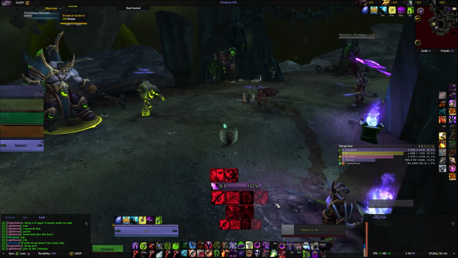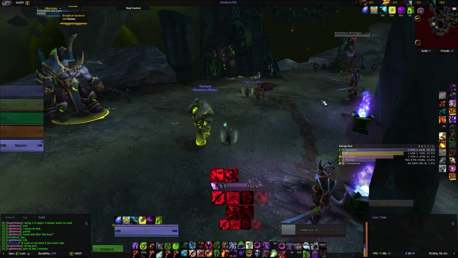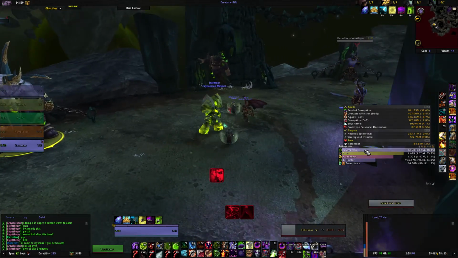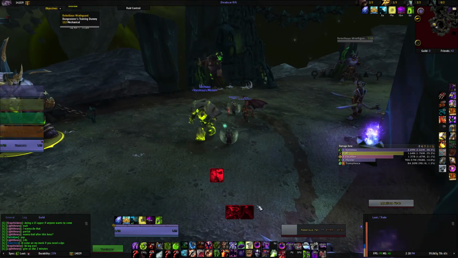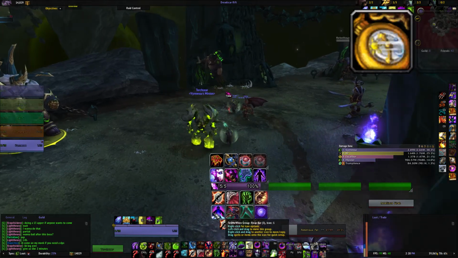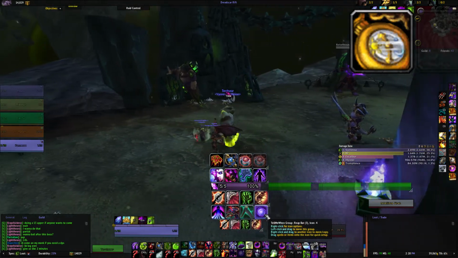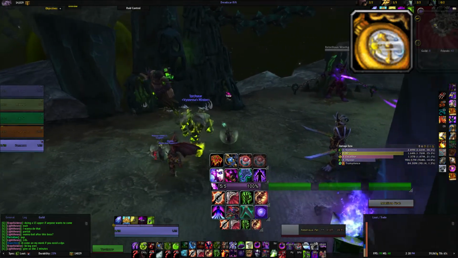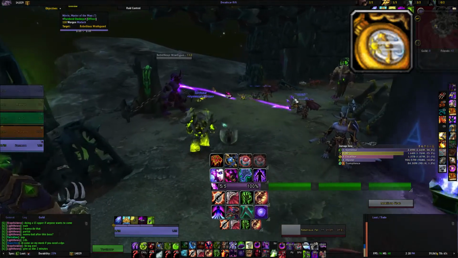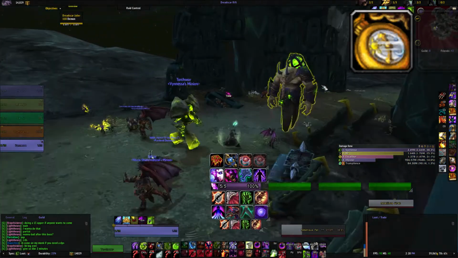Aside from TellMeWhen, I don't really have too many other add-ons that I use. Just obviously Details. LVUI is my interface, and this right here is just Wrath of Consumption and Phantom Singularity. So really self-explanatory on how those work.